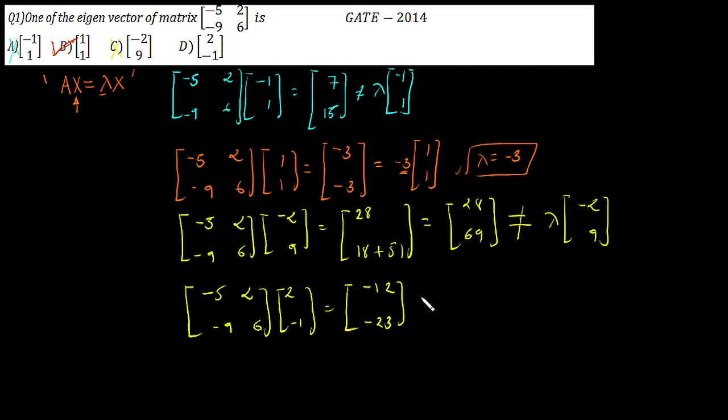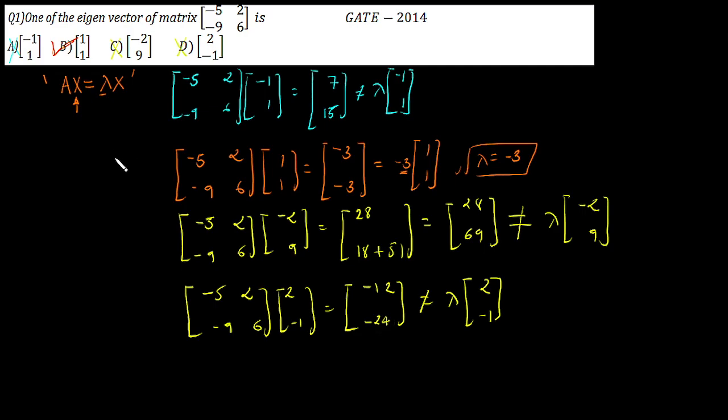So again we are not getting any such scalar to represent this vector as lambda times the initial vector. So again we have to put not equal to. Sorry for the mistake, here we are getting minus 24, not minus 23. Now we cannot represent this vector in this form again. So again we have to put not equal to here. So you can see option D is also not satisfying this condition. So the only correct eigenvector for this matrix is given in option B.